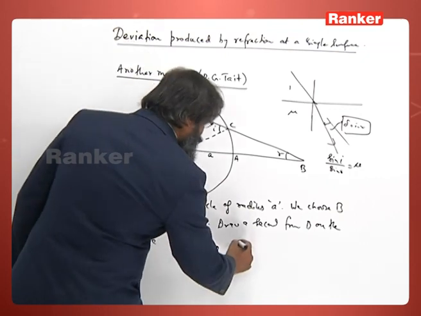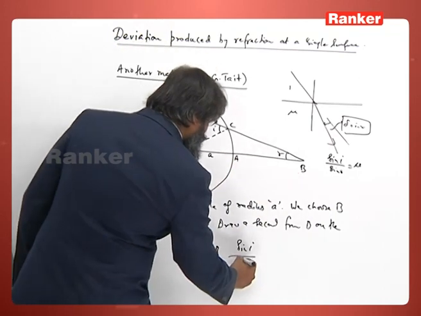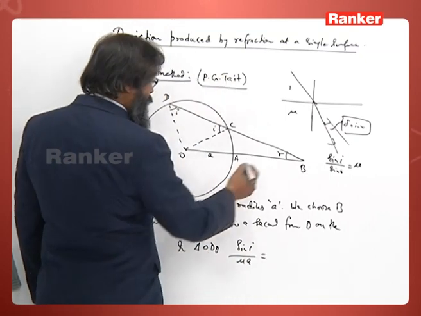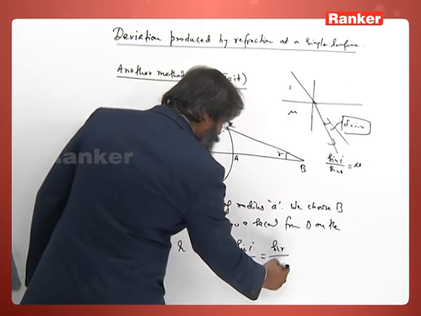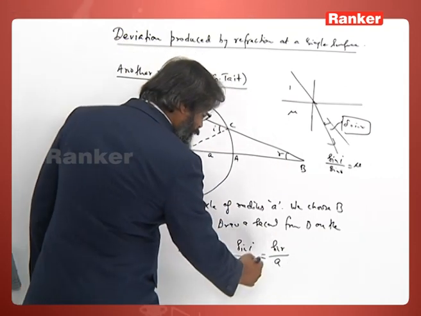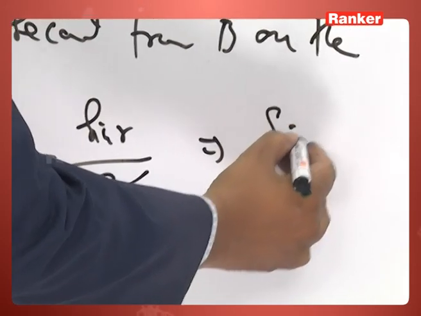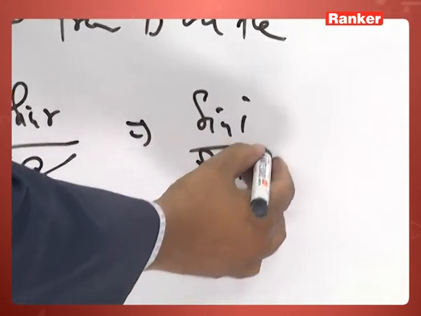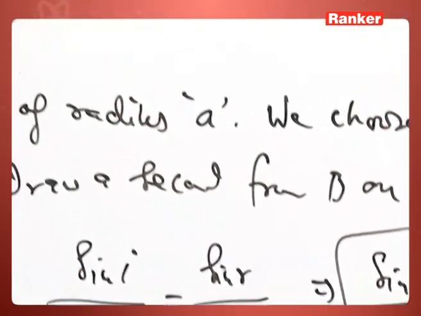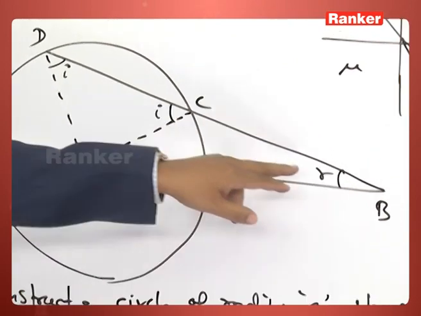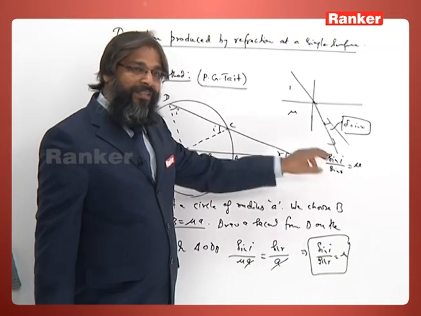Sine of I by this distance mu A is equal to sine of R by this A. So A cancels, and we get sine I by sine R is equal to mu. So you see in this geometrical figure, this angle I and this R are related by sine I by sine R is equal to mu, which is my relation.